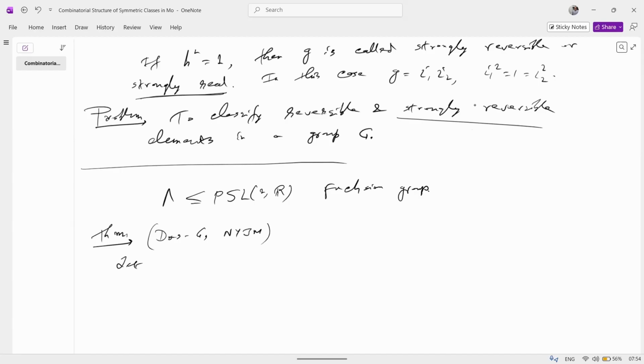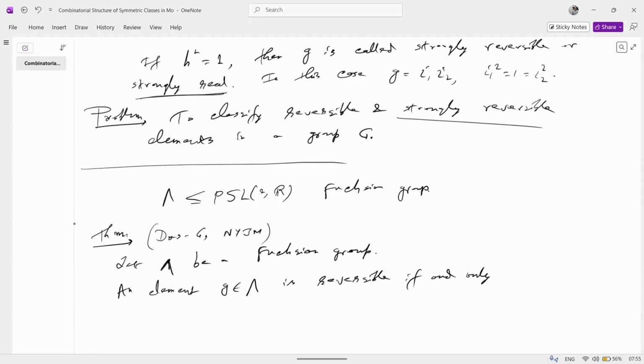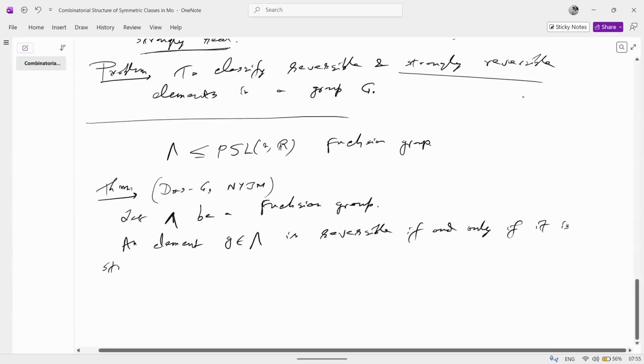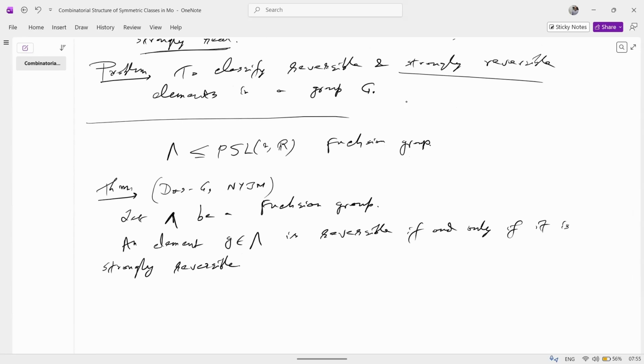So let lambda be a Fuchsian group. An element g in lambda is reversible if and only if it is strongly reversible.